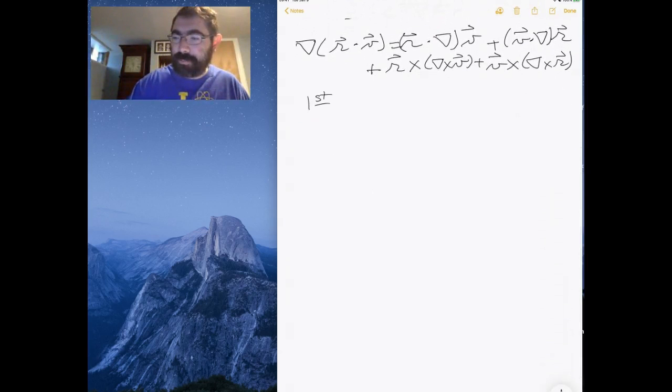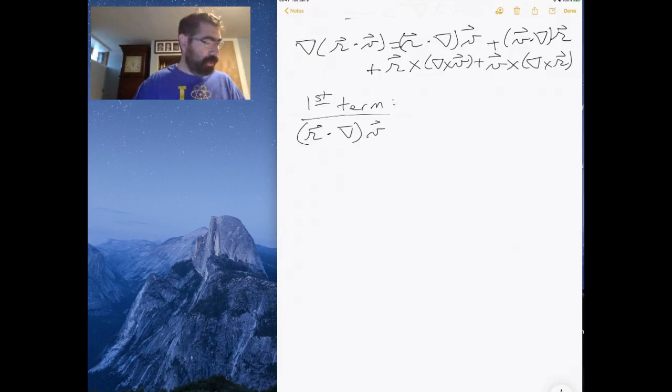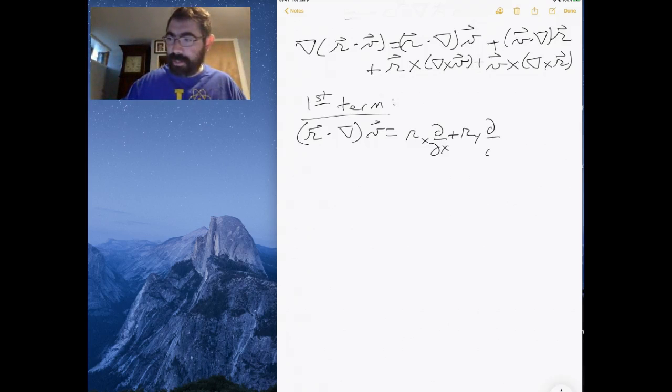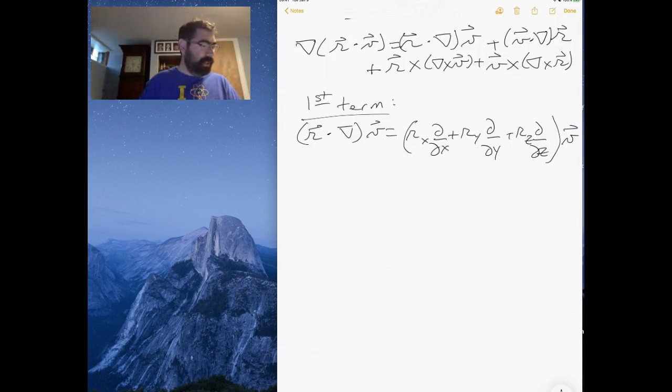Okay, so let's look at this last equation and start doing it term by term. So the first term is R dot del times V, which is Rx d/dx plus Ry d/dy plus Rz d/dz, all of that acting on the velocity.